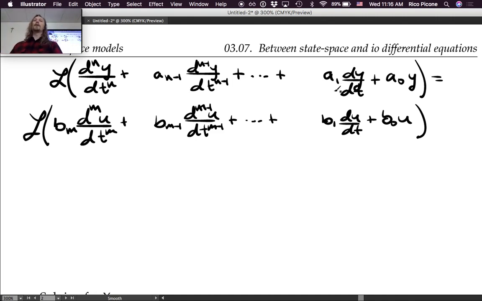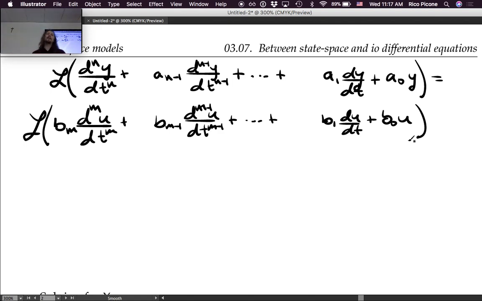So an nth-order system can be written like this, and the right-hand side is going to have time derivatives as well of the input. Oftentimes, we don't have any time derivatives of the input, and we just have some input function over here. But in general, you can have time derivatives of it as well, so we're going to do this in general.